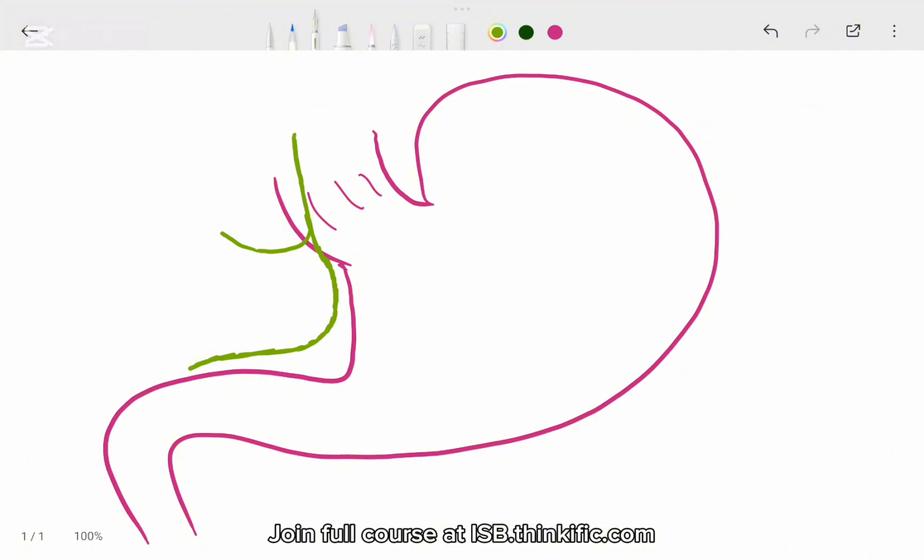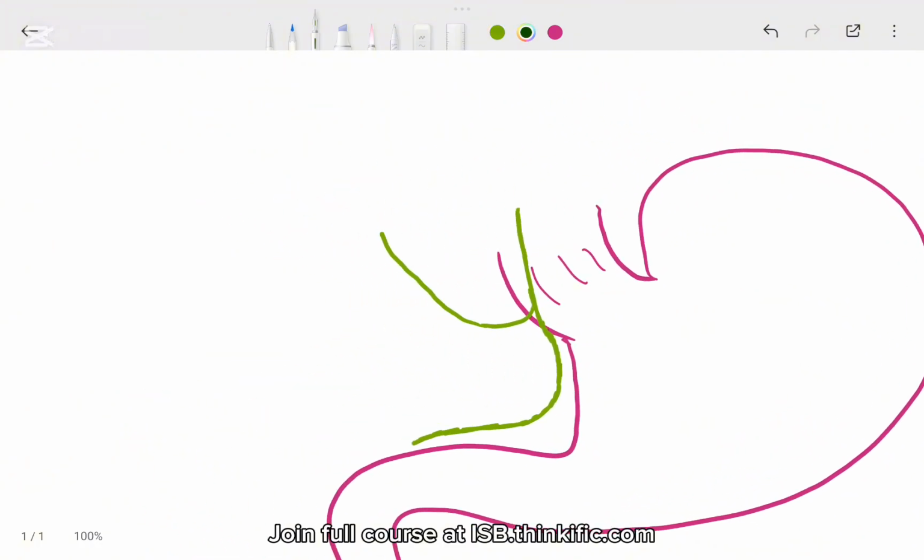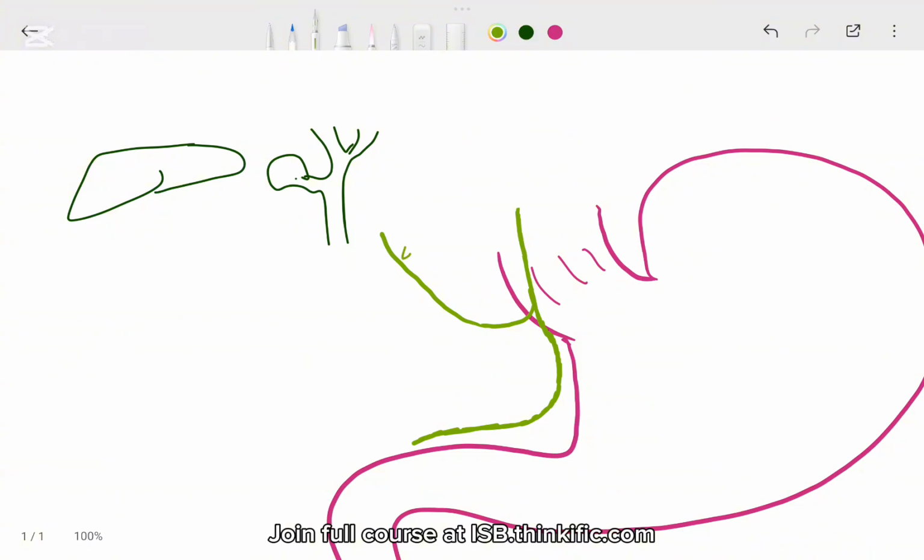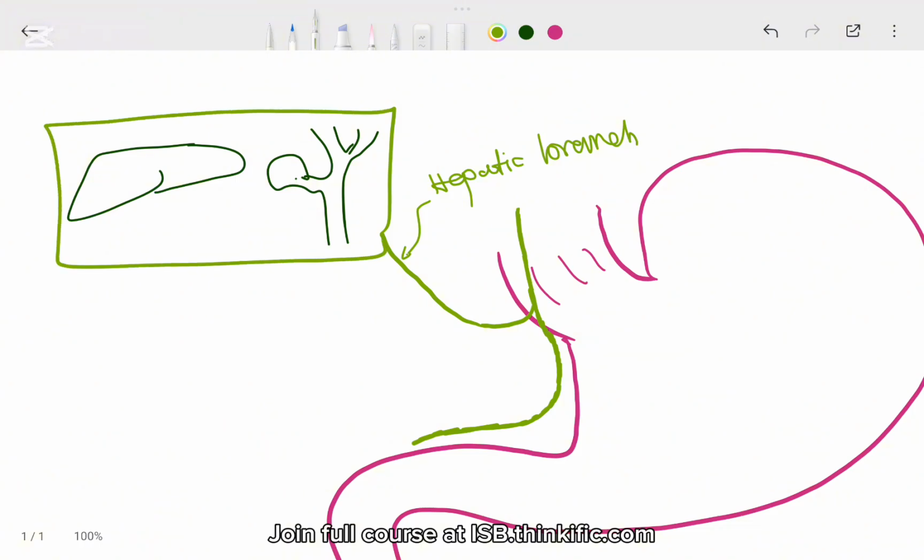This hepatic branch moves and supplies the liver, the gallbladder, and also the biliary tree. Okay, that's called what? Hepatic branch. It will supply these structures.